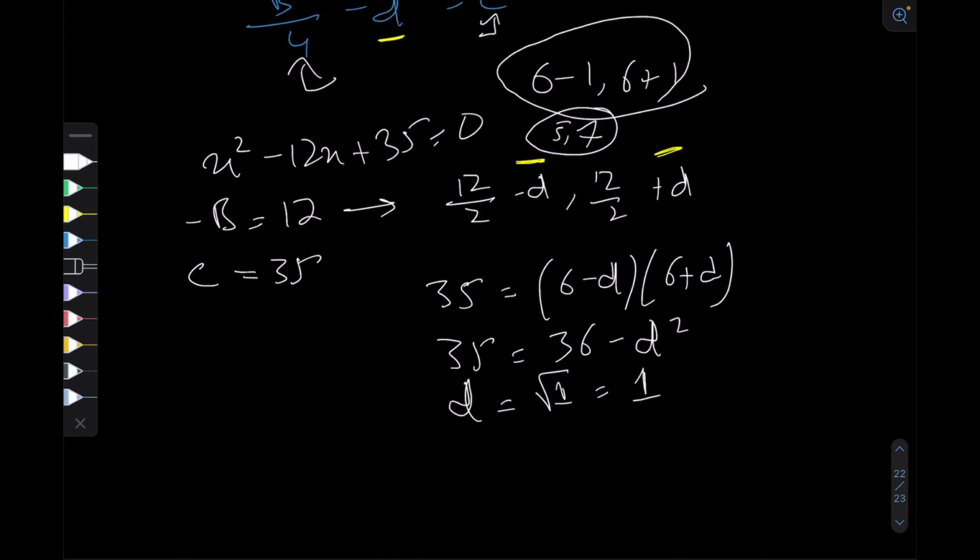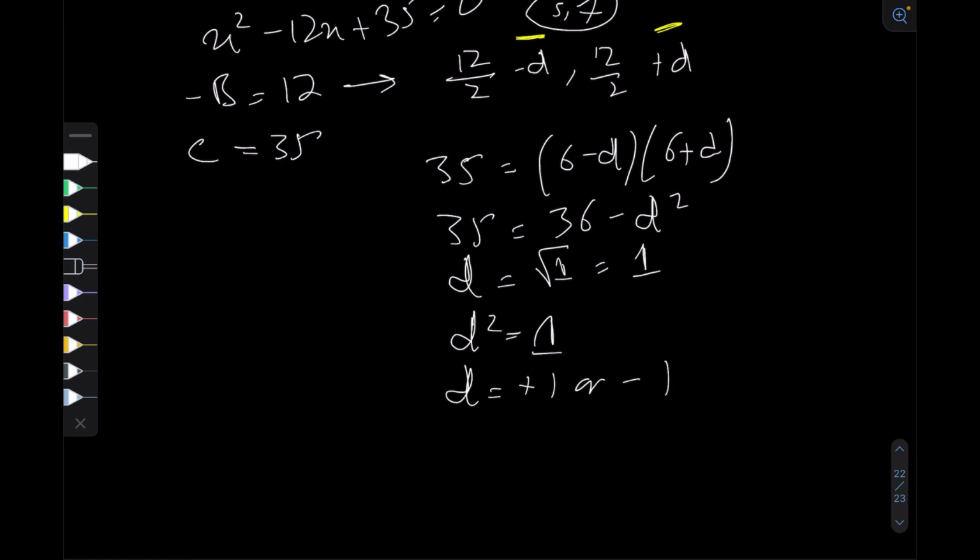Even if you say d squared equals 1, so d can be either plus 1 or minus 1, since we have the two roots as 6 minus d and 6 plus d, it doesn't really matter whether you take the plus sign or the minus sign. One of them is minus and one of them is plus, so it wouldn't matter.